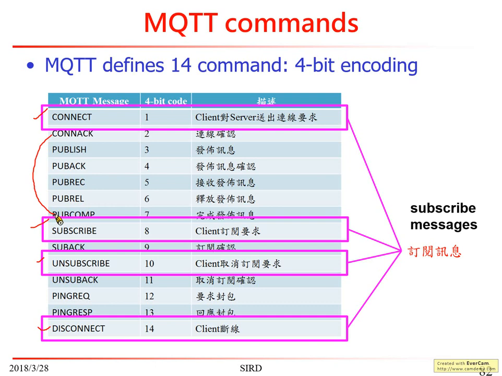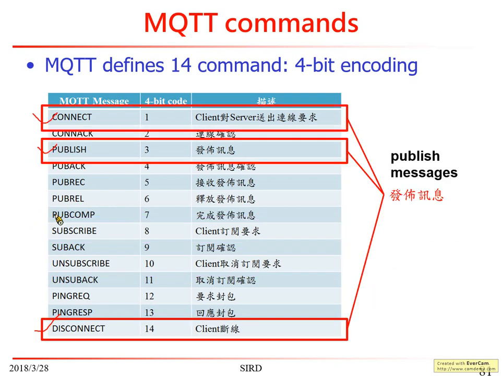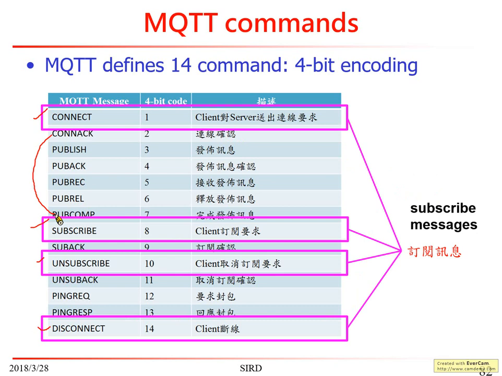So when you write a program, for the publisher, you connect to the broker, and then you publish a message, or you disconnect. And for the subscriber, you connect to the broker, and then subscribe to the topic you like, and you can also unsubscribe, and also disconnect. The rest of the commands are used automatically or internally.